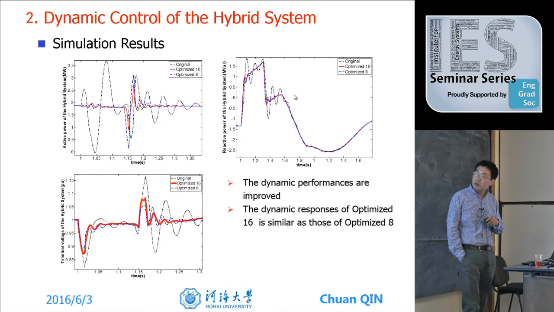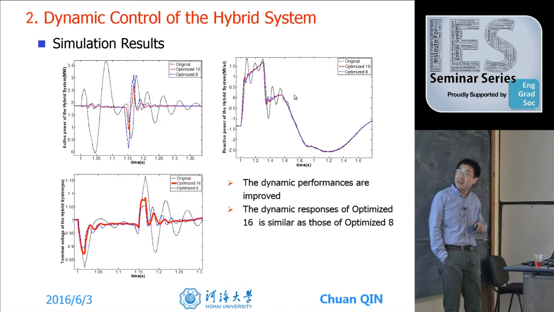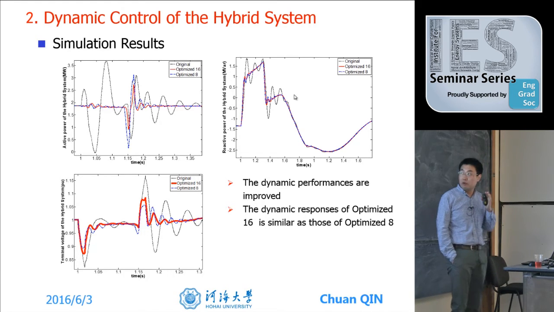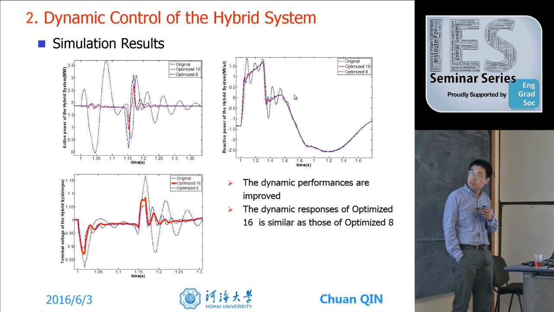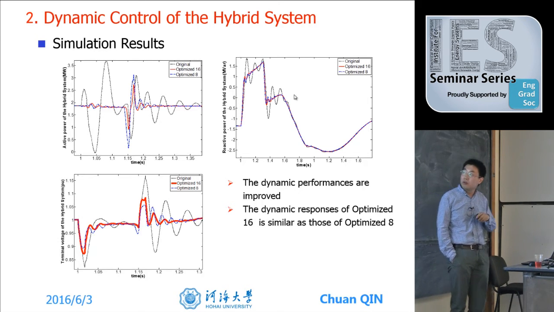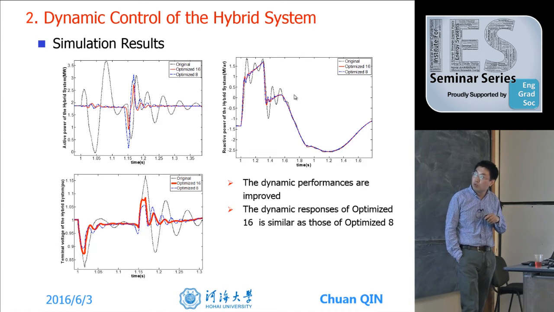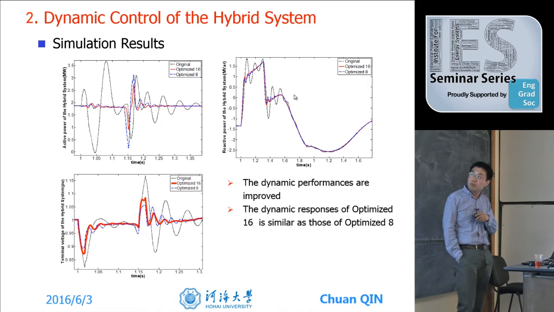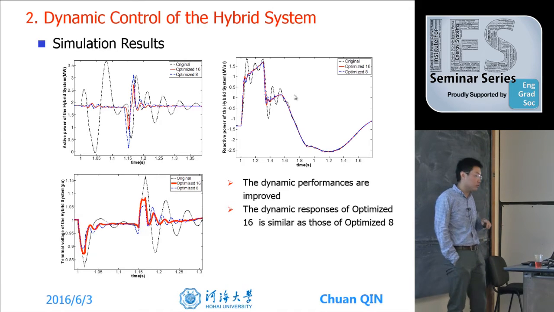The black line is the original parameters. The red line is the result of the optimized 16 parameters, and the blue line is the result of the optimized 8 parameters.